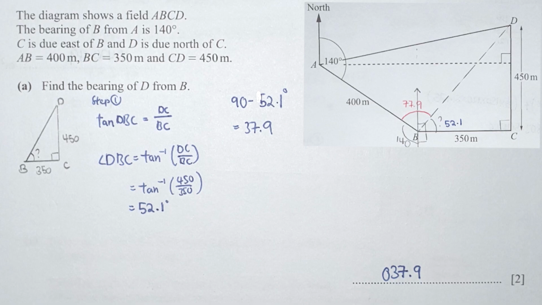So I took 90 minus 52.1, you get the answer as 37.9. But if you leave this answer this way, your marks will be deducted, because the bearing is less than 100. So you need to add 0 at the front, which translates into 037.9.